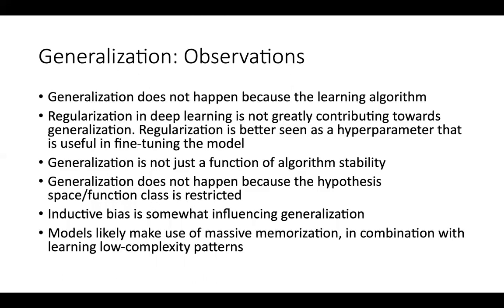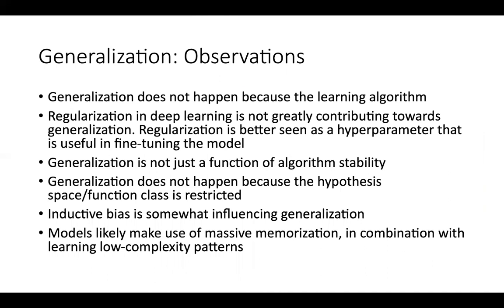The results are really puzzling. So what exactly is going on? Here's a summary of some of their results and observations: that generalization is not happening because of the learning algorithm, or because the hypothesis space is restricted, or because of algorithmic stability.